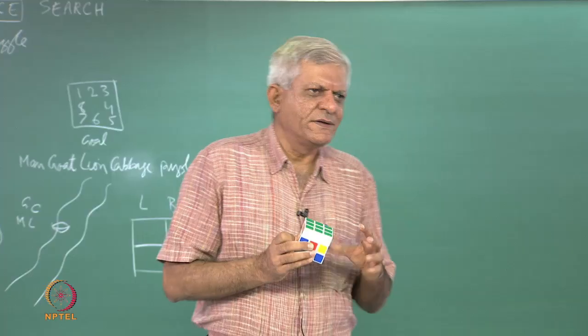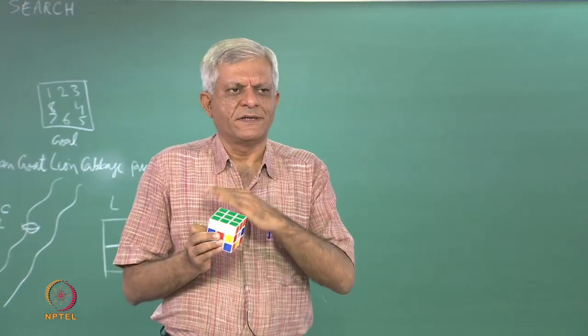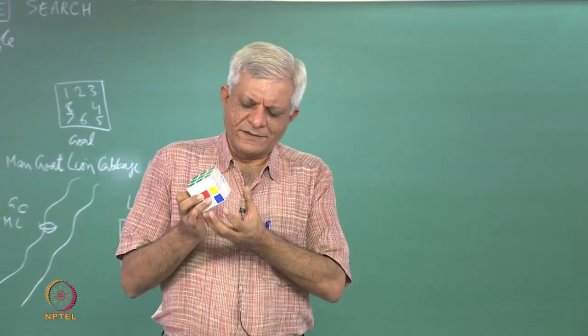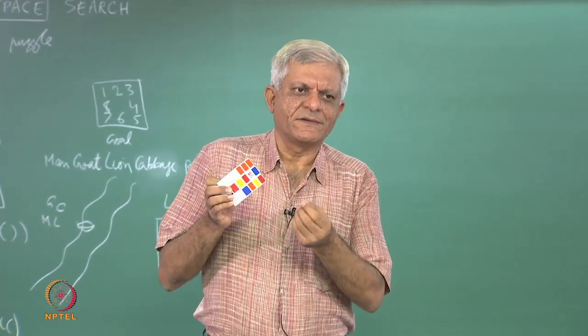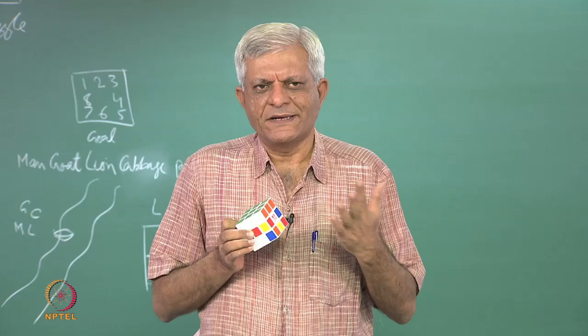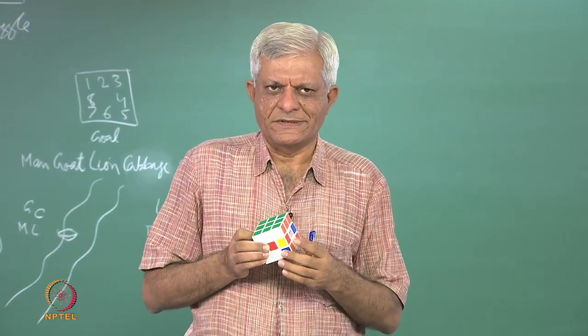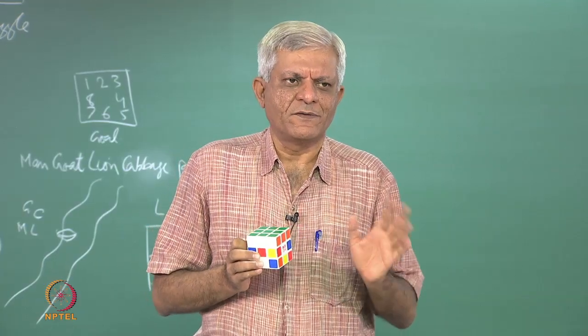If you follow the method that somebody has taught you, which says take the top layer first, then make the second layer, then get the bottom corners or get the bottom square, and then get the orientation. So, these kind of macro moves will not necessarily give you the shortest solution essentially. So, they will solve the problem, but they will not give you the optimal solution.